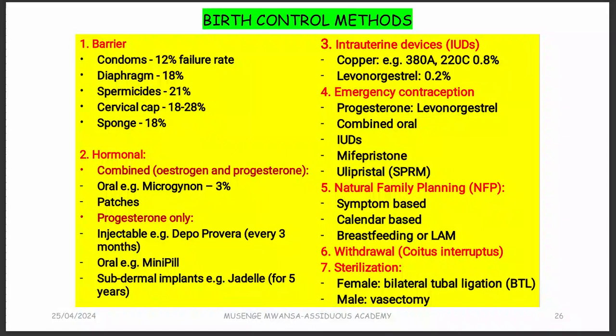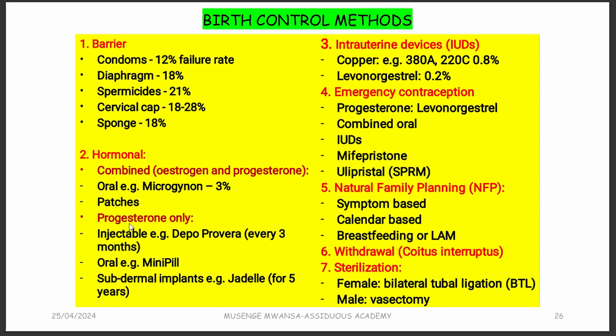If you don't want to be pregnant, you can use contraceptives. You have barriers like condoms. You can see each method has a failure rate. You can use a diaphragm, spermicides, which will kill sperms, cervical cap, sponge. You can also use hormonal methods like a combination of estrogen and progesterone, which can be oral or patches.